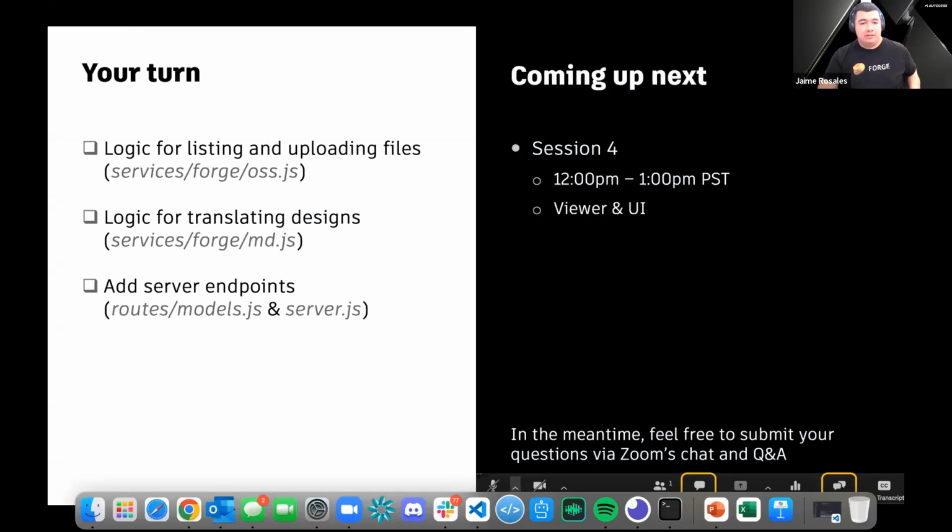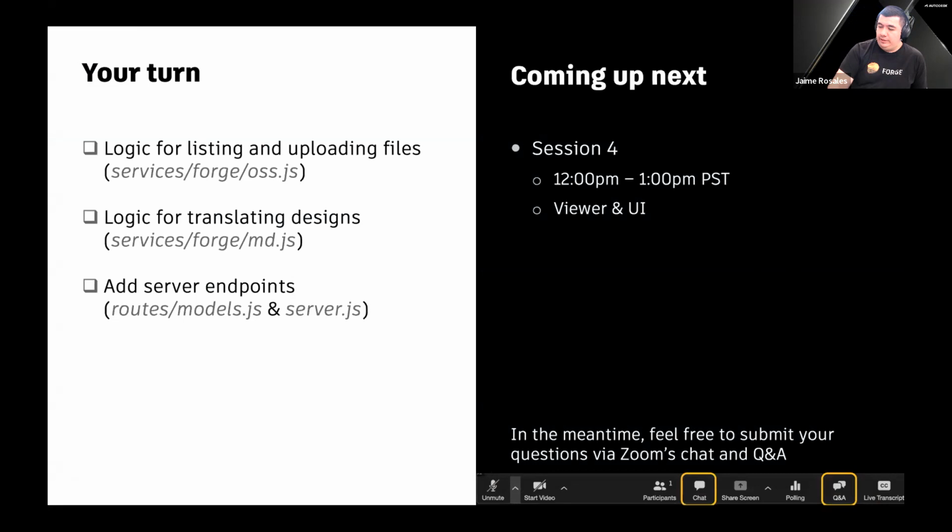Awesome. So now I changed it, and you're gonna see it because I have a bar right there. So your turn again to go over session 3, which is basically the OSS.js, the MD.js, and the server.js and model.js endpoints.